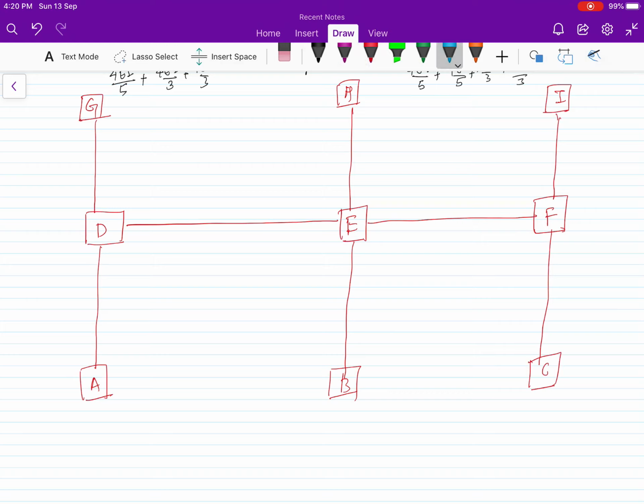Now I'll write the distribution factor for the DE. Okay, this is for DE. We have 0.23.